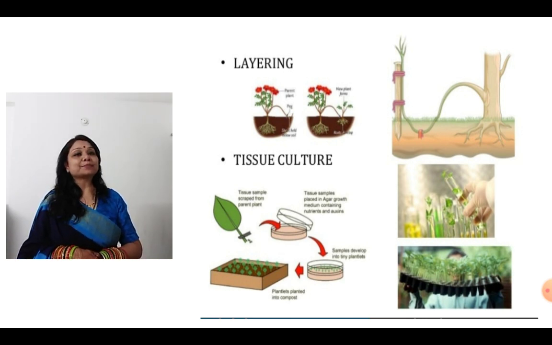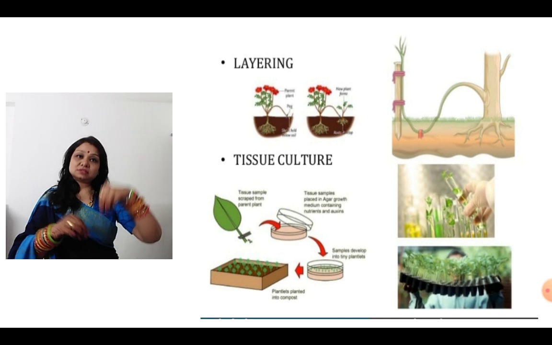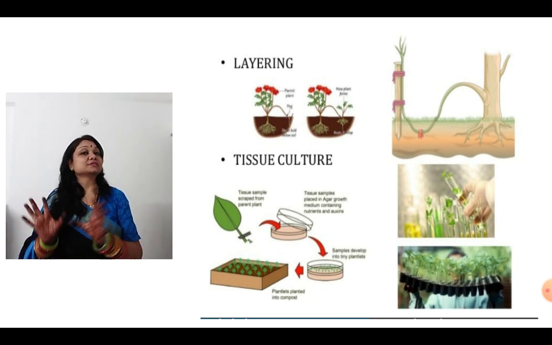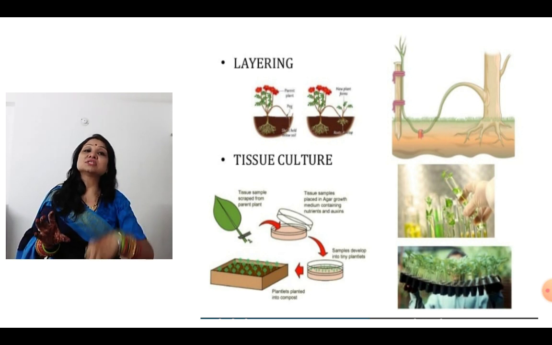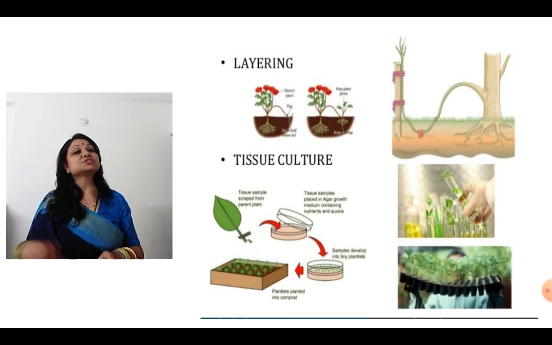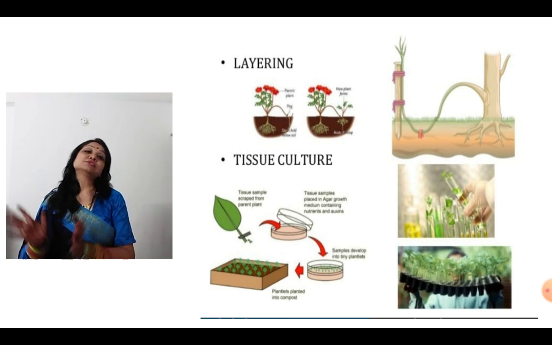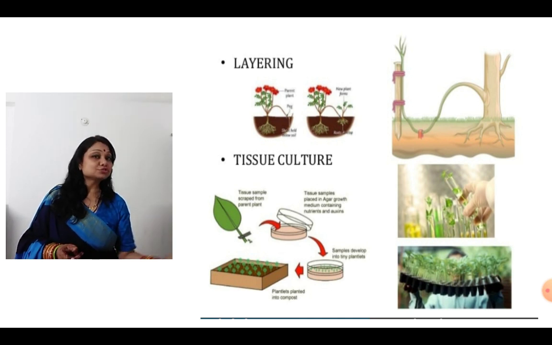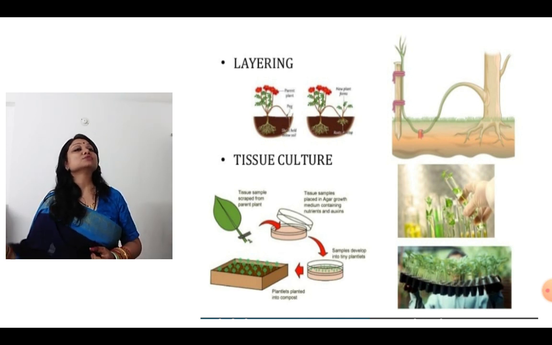So what will happen is, the part below the ground will grow roots, and the part which is above the ground will start growing as a new plant, as an individual plant. So from one branch of this lemon, we will now have a new plant.